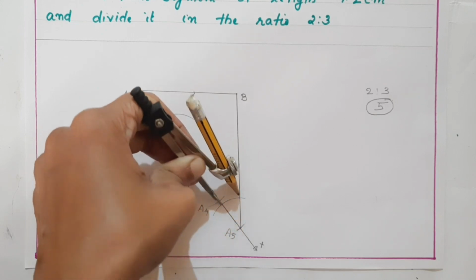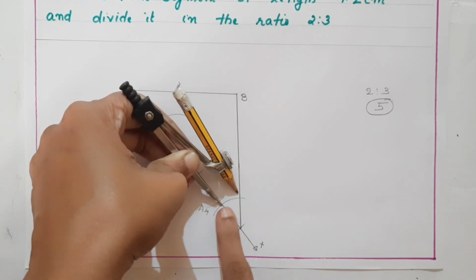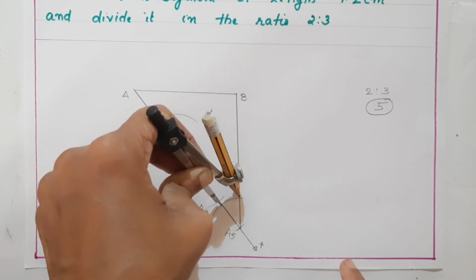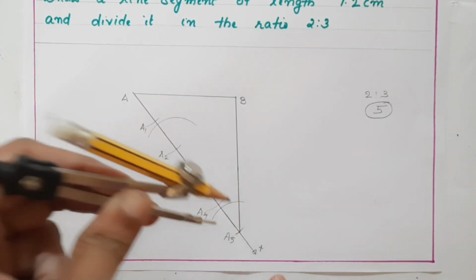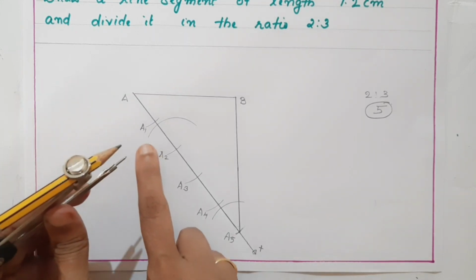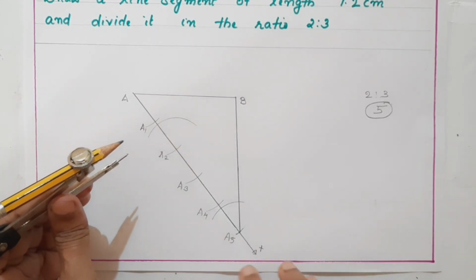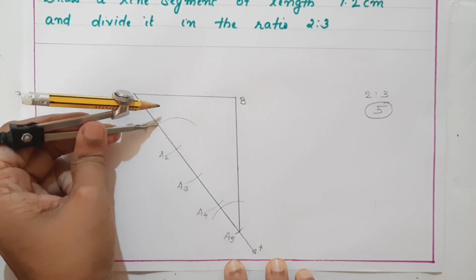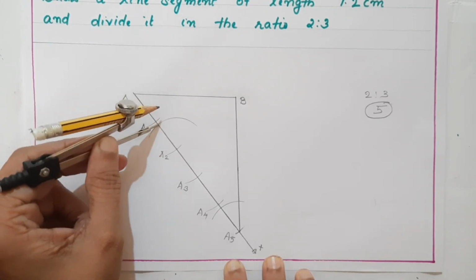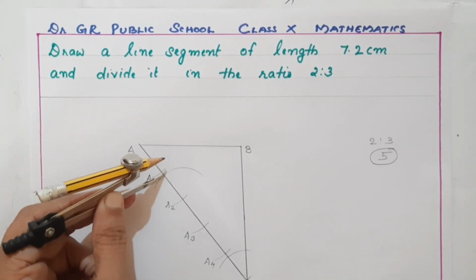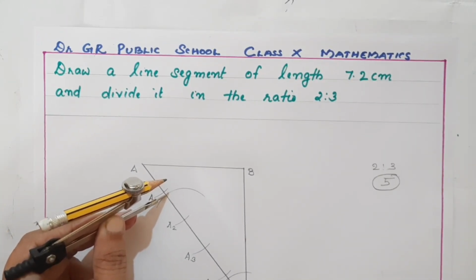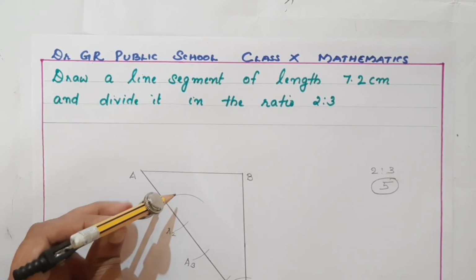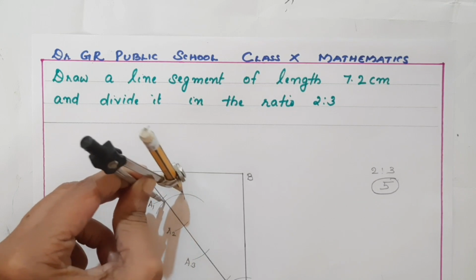Okay, did you see? So I have taken this length of the arc in the compass. Okay, and same length we have to mark here in the new arc. For that, fix the compass here and then draw the arc.